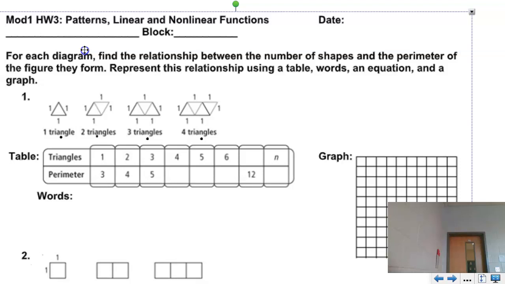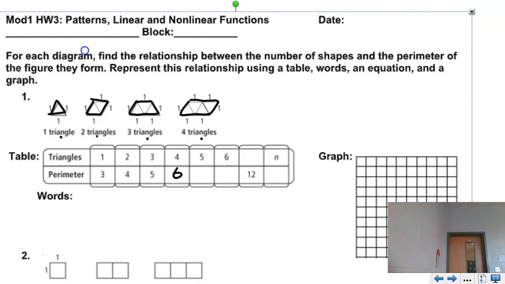So you can see with one triangle our perimeter is 3. With 2 triangles our perimeter is 4. You're not really counting anything on the inside. With 3 triangles, we've got 1, 2, 3, 4, 5. So we have a 5 in there, and you're going to count the same way around. 1, 2, 3, 4, 5, 6.